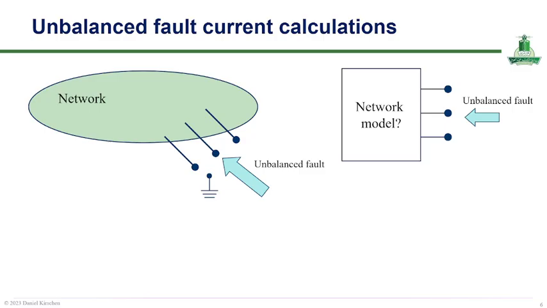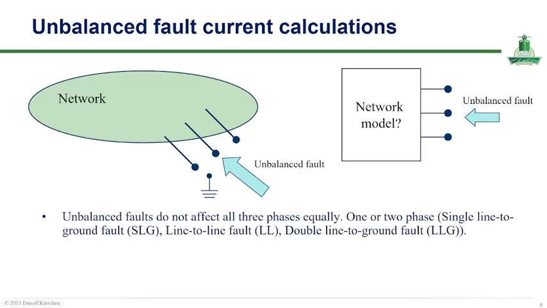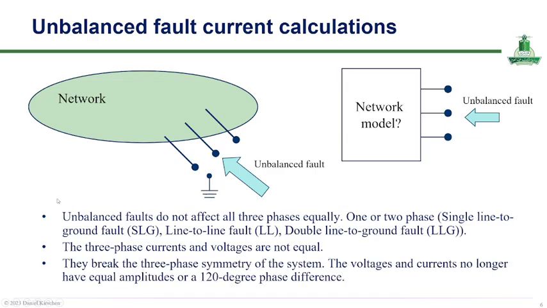Consequently, specialized modeling techniques are required to analyze the network under these conditions and also accurately determine the fault current and system behavior. So I explained all of this here.